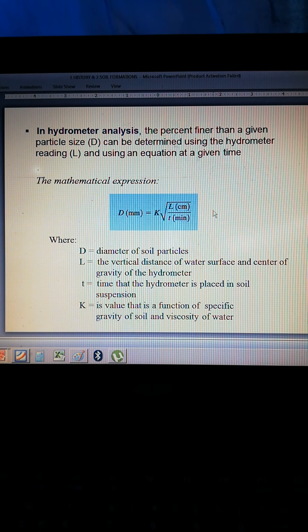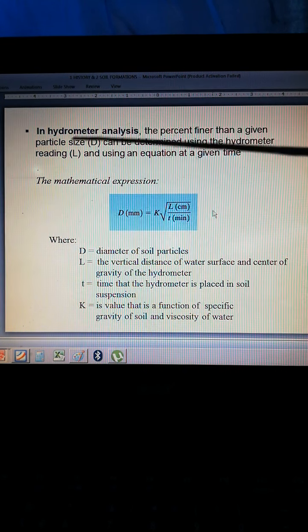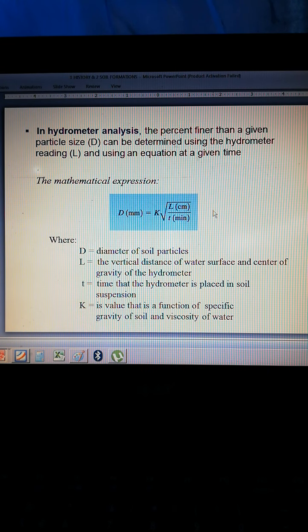So in hydrometer analysis, percent finer than a given particle size D can be determined by using the hydrometer reading L. Now this time, percent finer particle size D. Now if we have the percent finer from the formula of the mechanical analysis, percent passing or percent finer than a given size, let's say number 200 sieve. That's what we have.